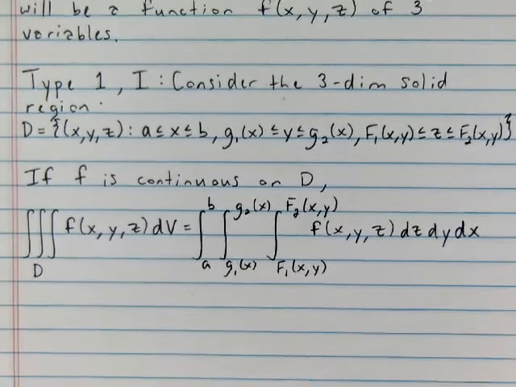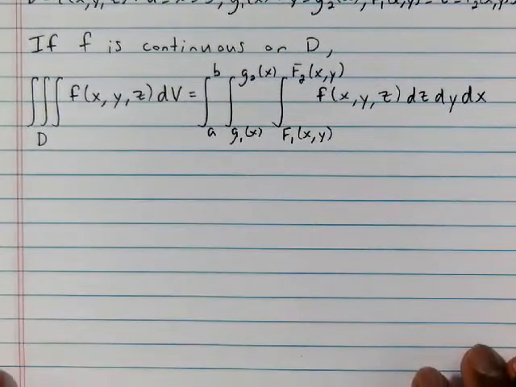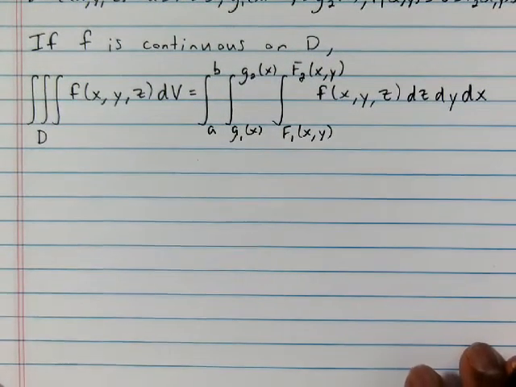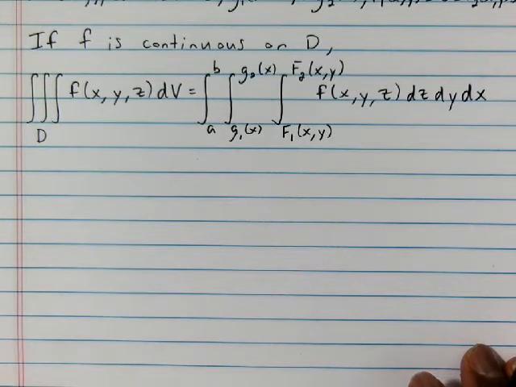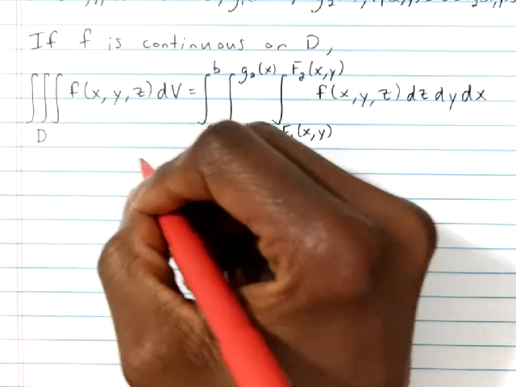Now let's get an idea of what this type of region looks like, and that'll give us some insight into how other types of regions may look. So let's set up some coordinate axes.